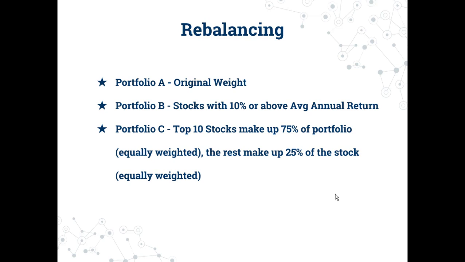Portfolio B chosen stocks with 10% or above average annual return, taken equally, stocks that average 10% or above average annual return within the portfolio, equally weighted as portfolio B. In portfolio C, pick top 10 stocks that make up 75% of the portfolio, whereas the rest of the 8 stocks make up 25% of the portfolio.